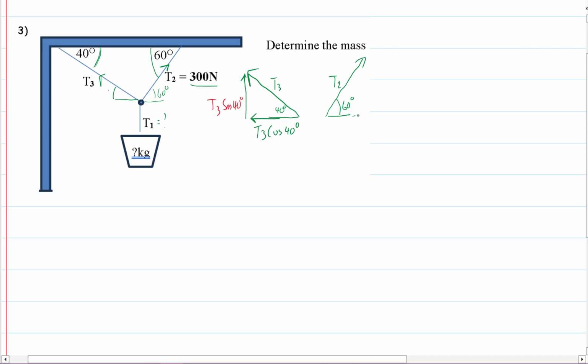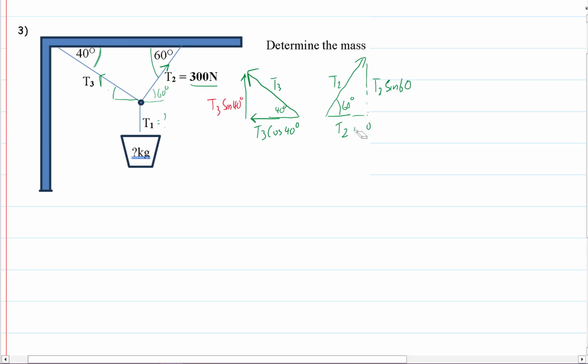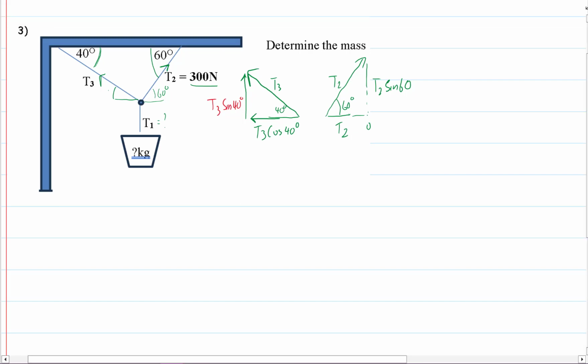And the components of that: this will be T2 times the sine of 60, and this one will be T2 times the cosine of 60.